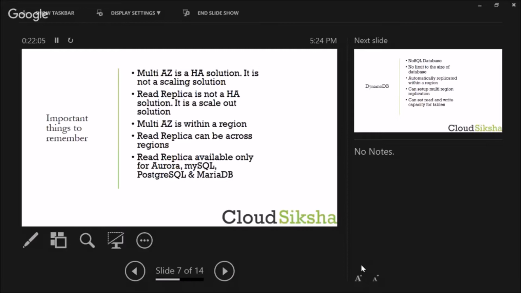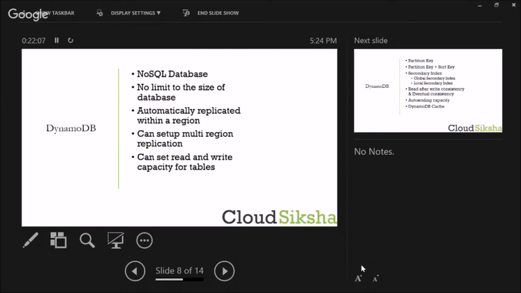Now after RDS, let us go to DynamoDB. DynamoDB is a NoSQL database. Some important things to remember. One, it's a key value store plus a key document store. It supports both key value and key document. There is no limit to the size of the database.